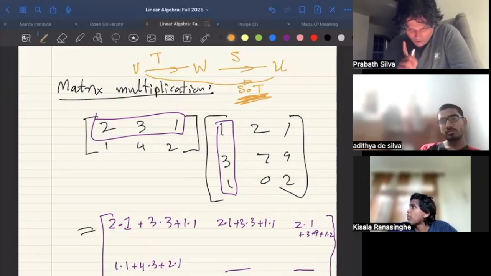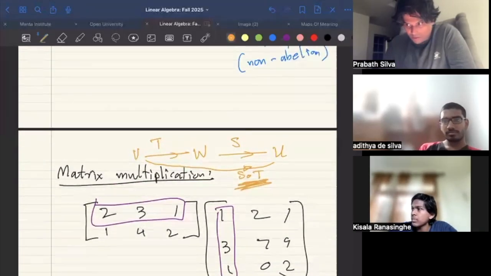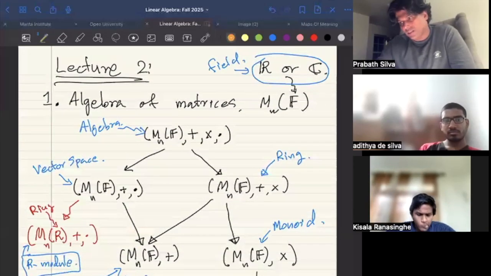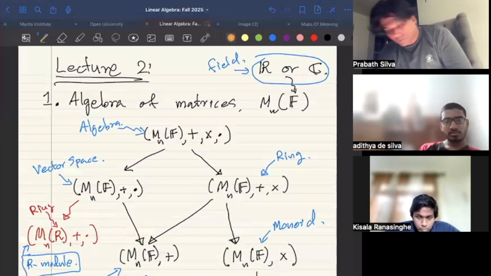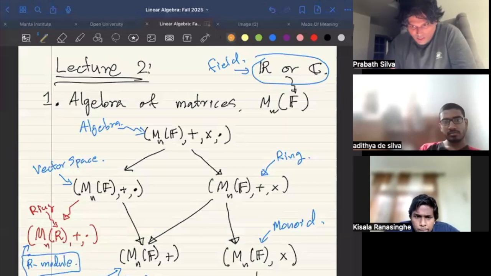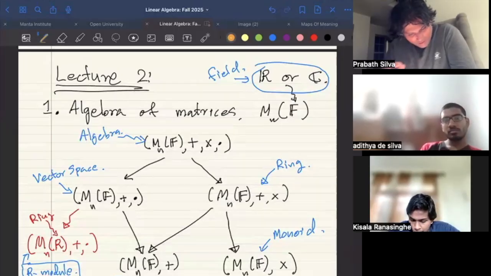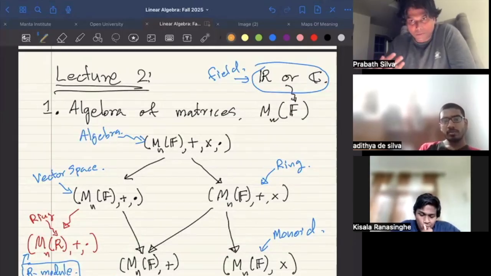Okay, let me say one thing about these things. There is a story about why these things seem very arbitrary, right? You have a bunch of names: algebras, vector space, addition, multiplication, right?